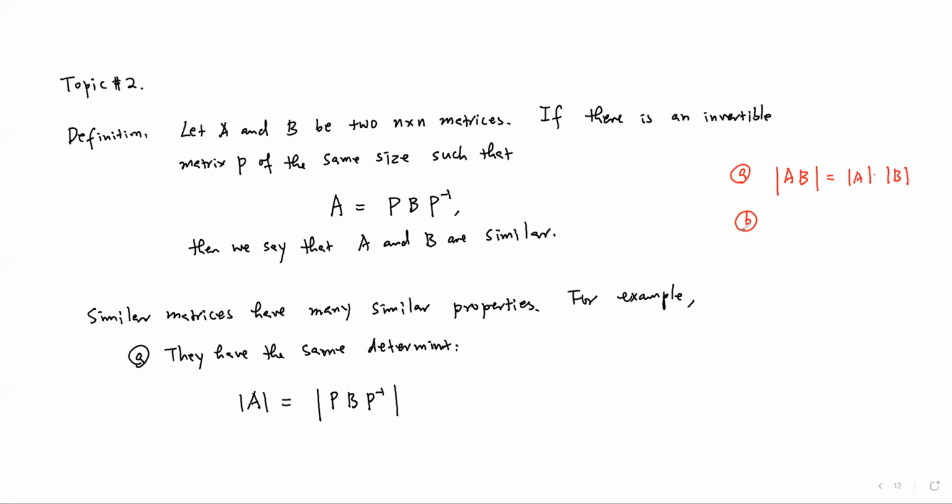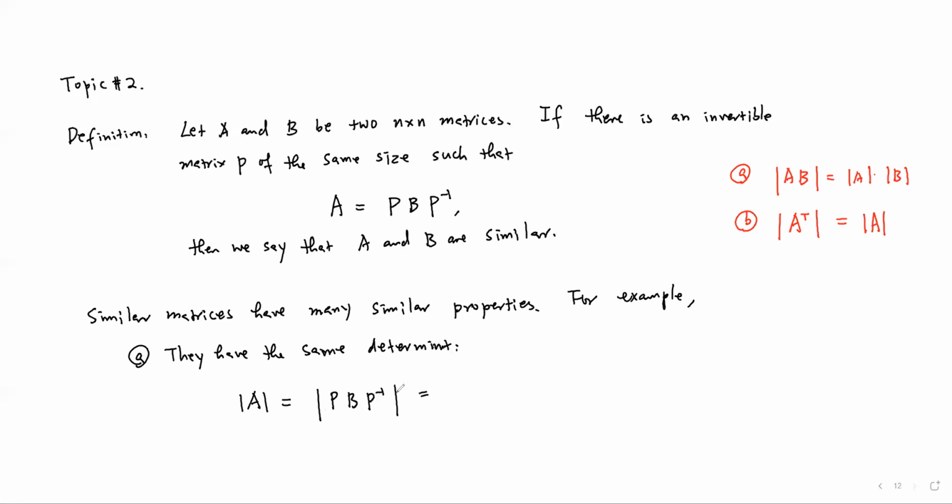Second basic property is A take transpose, then determinant. It turns out that it's equal to A determinant. Take transpose doesn't change the value of determinant.